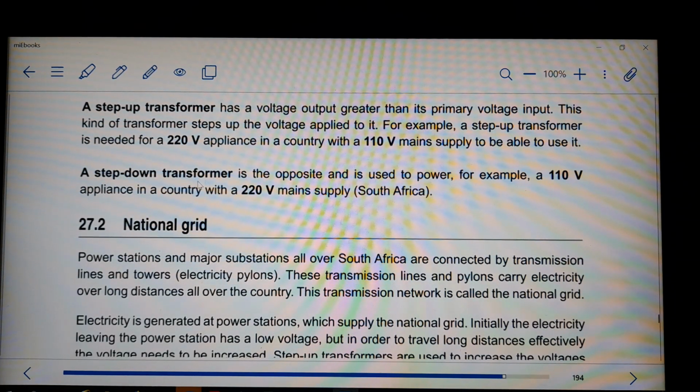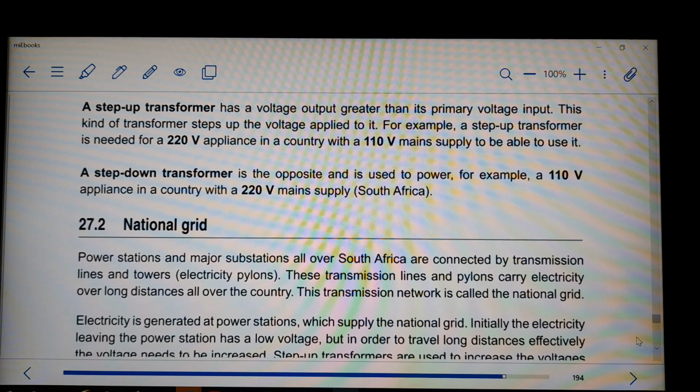A step-down transformer is the opposite and is used to power, for example, a 110 volt appliance in a country with a 220 volt mains supply. So we are going down.